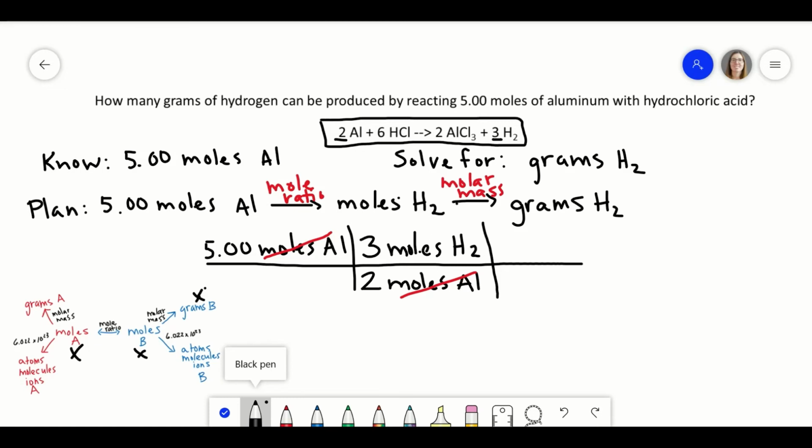But for this problem, since we're solving for grams of H2, that's what we want to end up with, it makes sense to put units of grams on the top and units of moles on the bottom. So the molar mass is going to be 2.02 grams of H2 per 1 mole of H2.